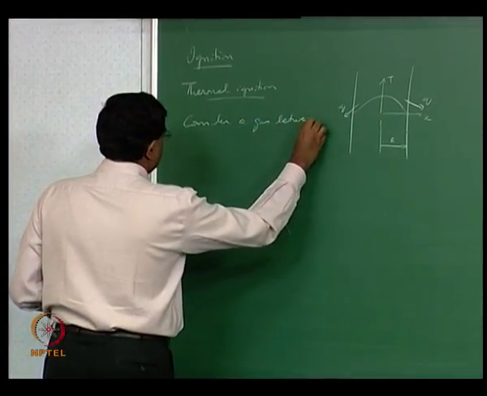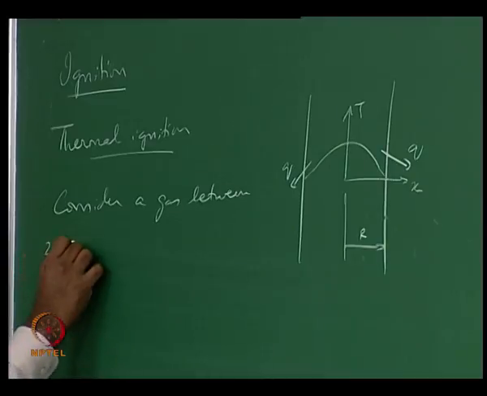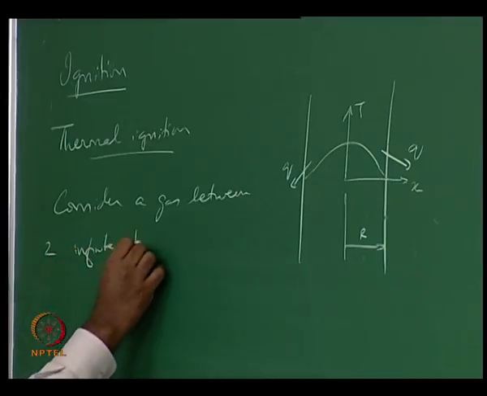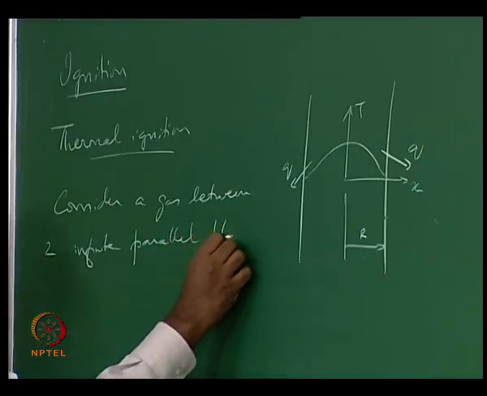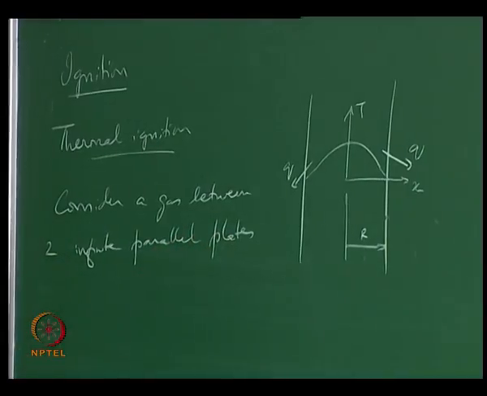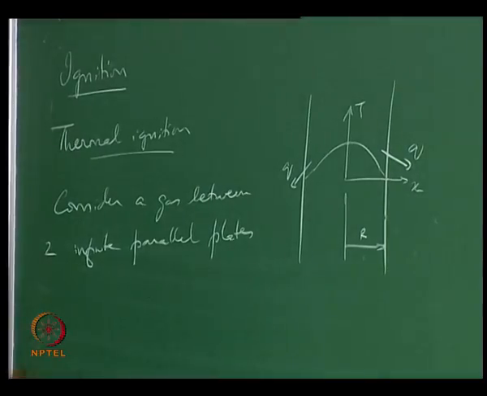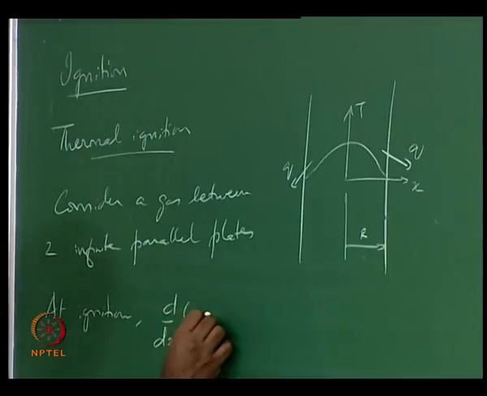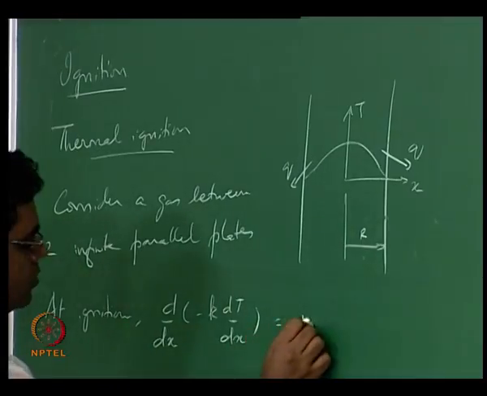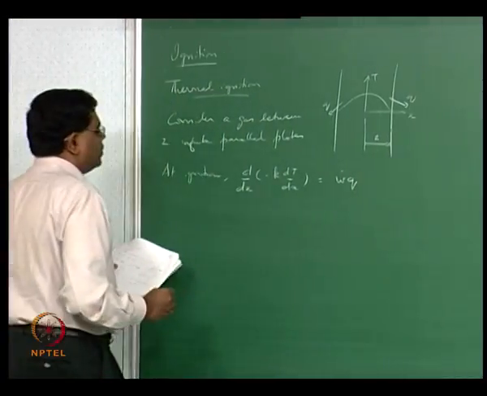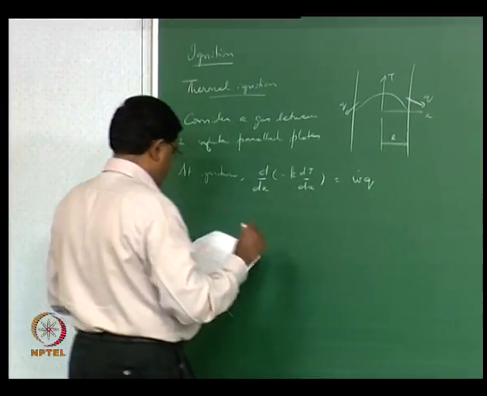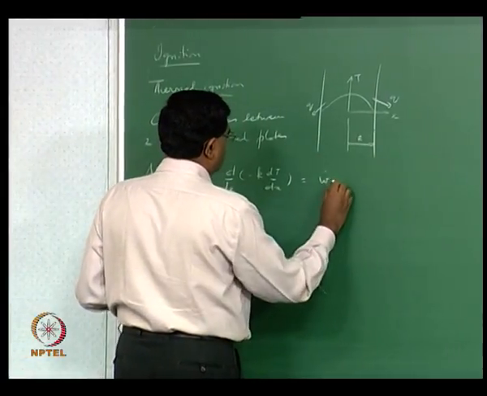So consider a gas between two infinite parallel plates. Now what we are saying is at ignition, that's one of the criteria that we listed. So at ignition we need to have d/dx of (minus k dT/dx) equal to w dot q, where I should use a different symbol here, maybe q_r.